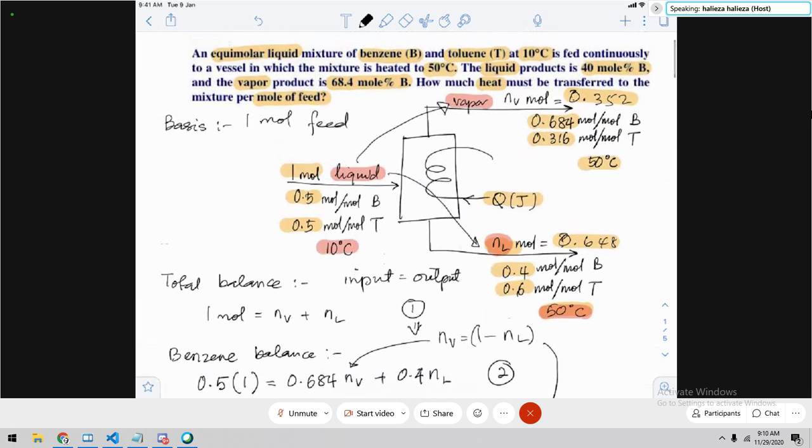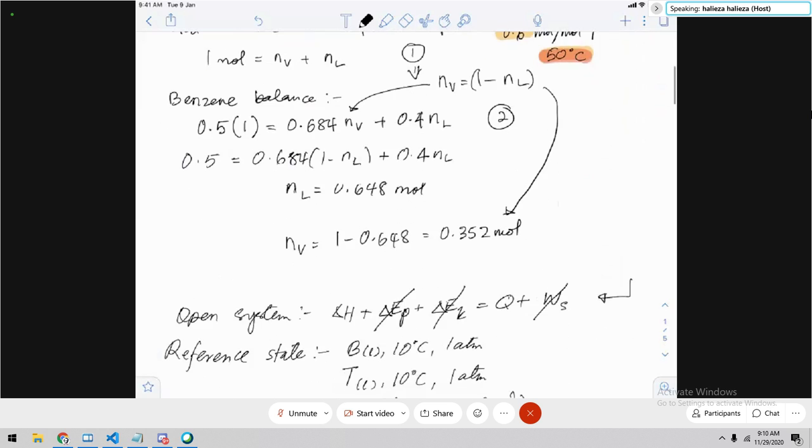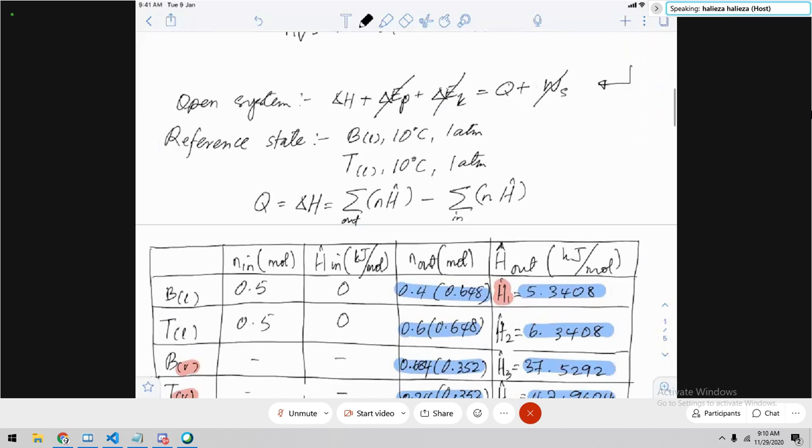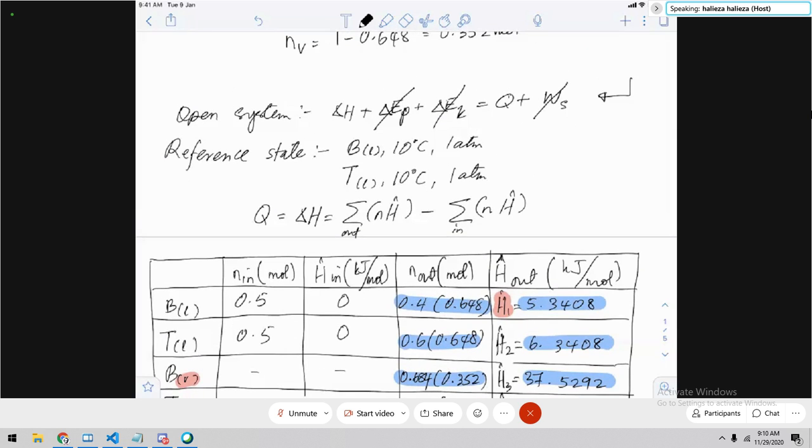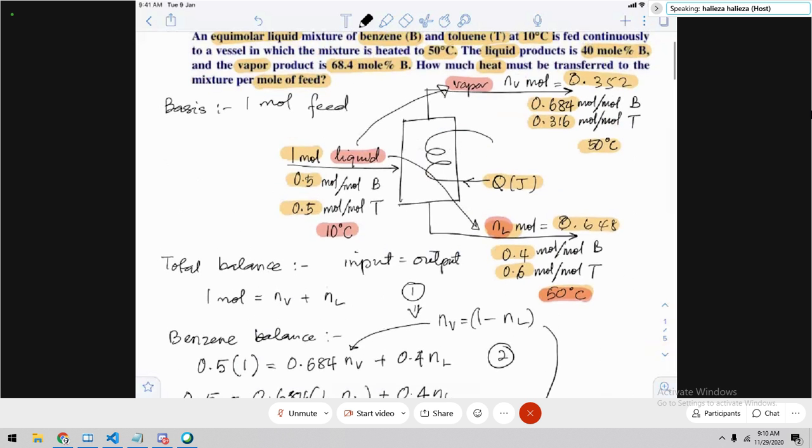The steps are very short actually. What you have to do is solve for the material balance. Remember your basis. Then solve your energy balance using your reference state. The most important thing is what reference state you're going to use. You can use the outlet as your reference state, but then you have two outlets. You need to decide whether you want it in the vapor phase or the liquid phase.